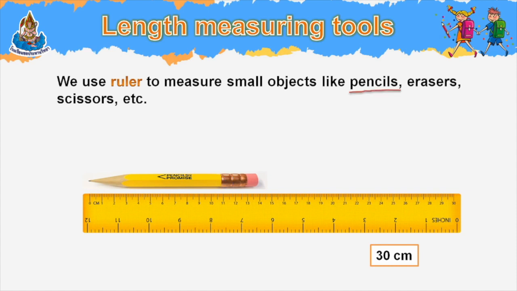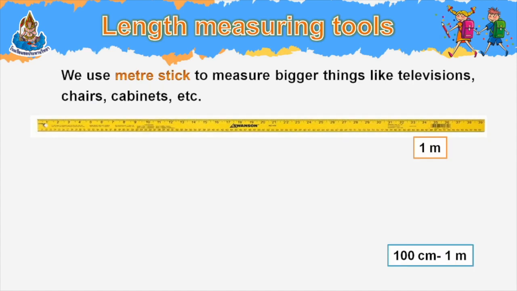Next. How about this one? It's longer than a ruler. This is a meter stick. Let's all read. We use meter stick to measure bigger things like televisions, chairs, cabinets, etc. This is very long, right?